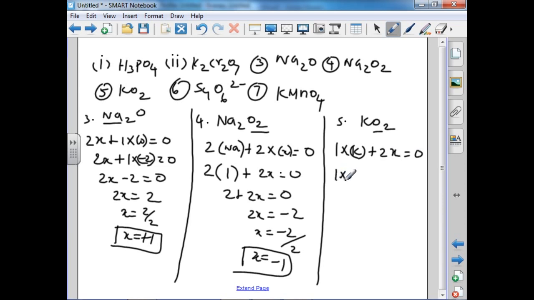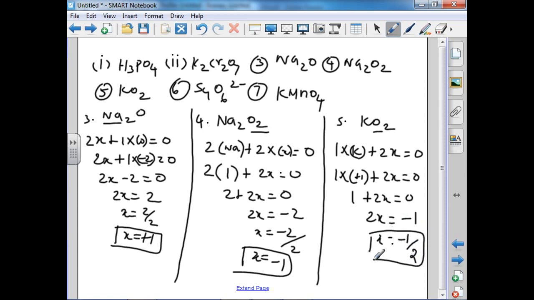So the oxidation number of potassium is plus 1. And then 1 plus 2X equal to 0. 2X equal to minus 1. X equal to minus 1 divided by 2. The oxidation number comes to a fraction value.